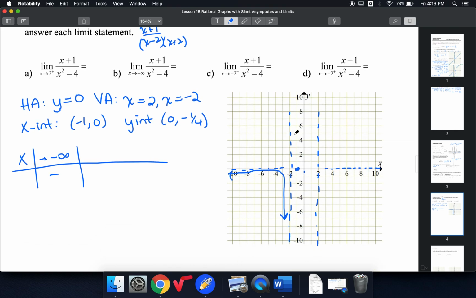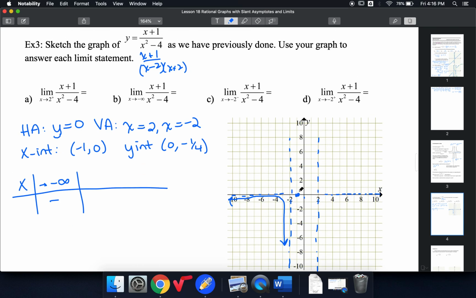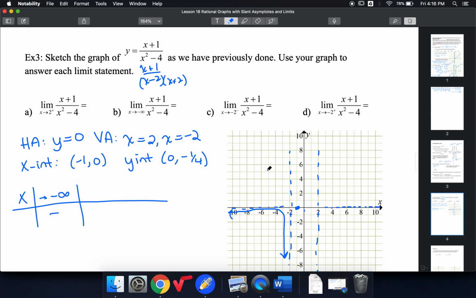I believe that this one's going to go this direction, but let's think about it. So close to negative 2, coming from the right-hand side, I'm going to have negative, negative, positive, which is going to be positive overall. So positive, I'm going to come down and hit, and then I must go to negative infinity because I don't cross the x-axis again.